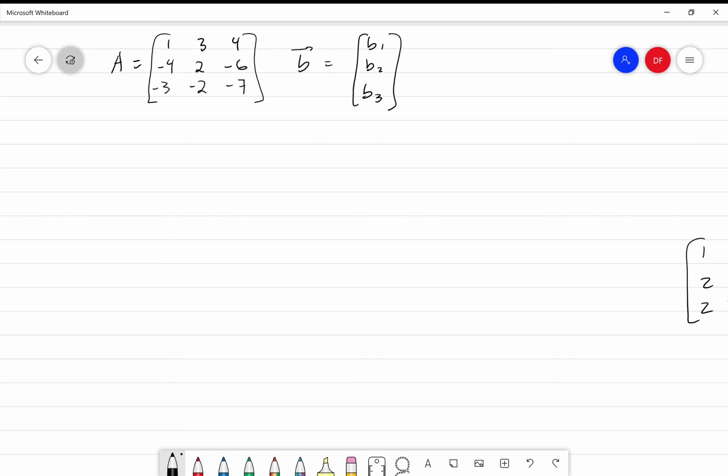And I ask, for which B is AX equal B consistent?